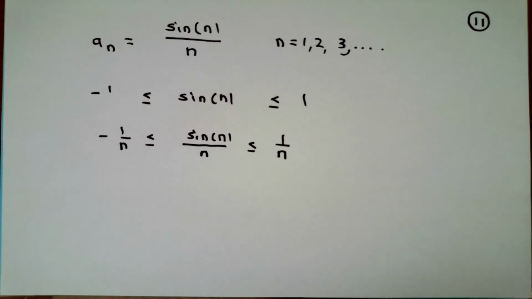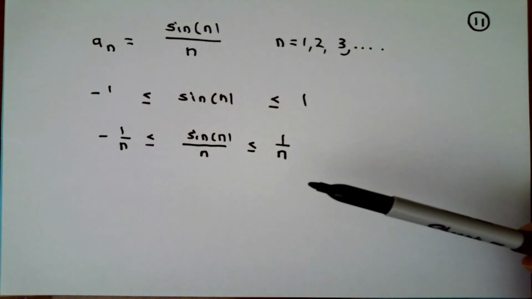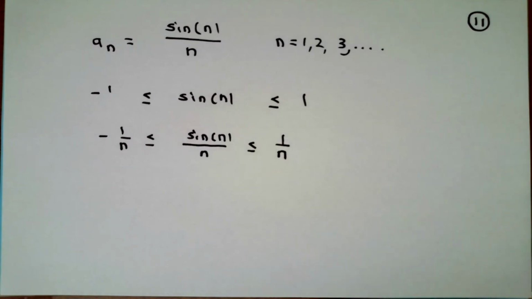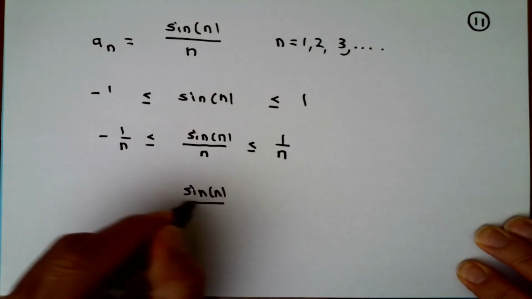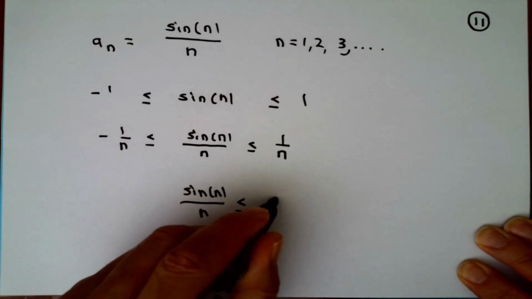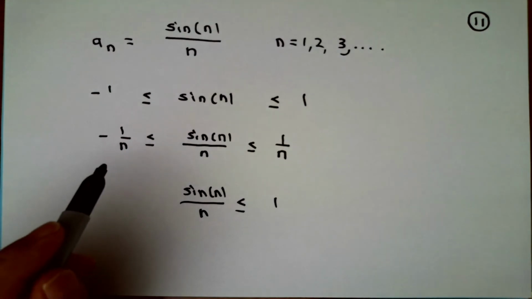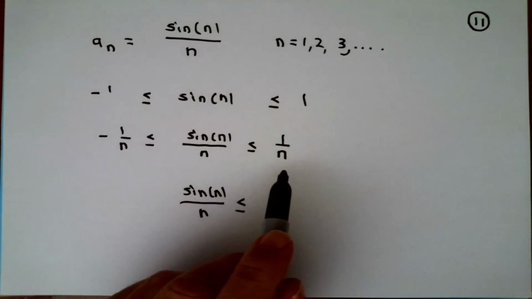Since n can only take on values 1, 2, 3, and so on, 1 over n can only take on values 1 over 1, 1 over 2, 1 over 3, and so on. So it certainly must be true that sine n over n is certainly not any bigger than 1. Negative 1 over n are the negatives of these numbers.